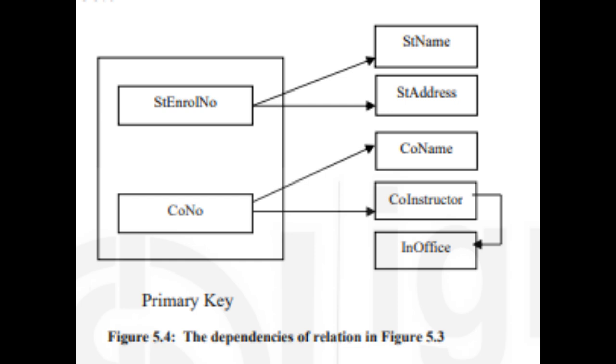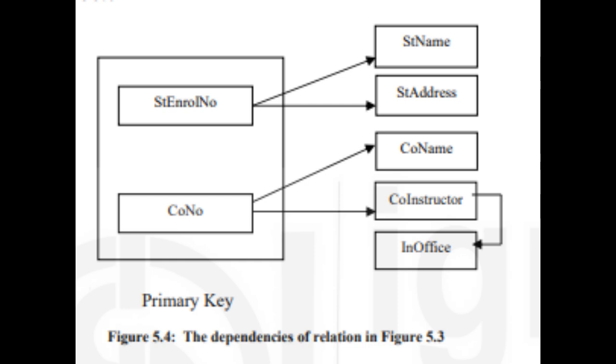The link between attribute sent enroll no and student name attribute, sent name, denotes that the enrollment number attribute uniquely determines the student's name. For example, in Figure 5.3, the enrollment number 050112345 uniquely determines that the name of the student is Rohan.